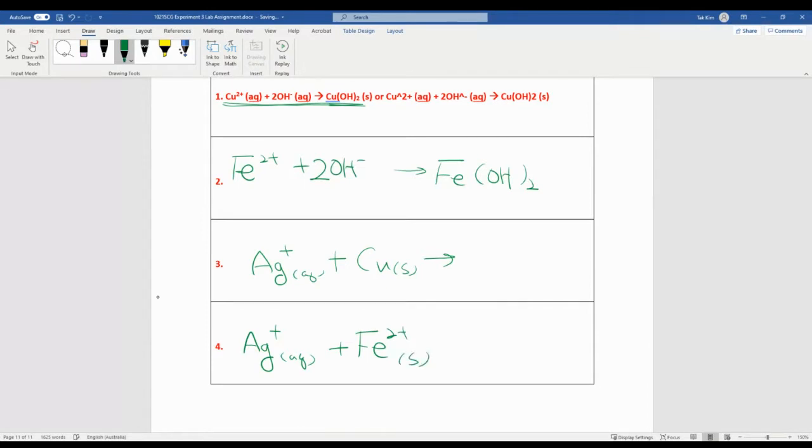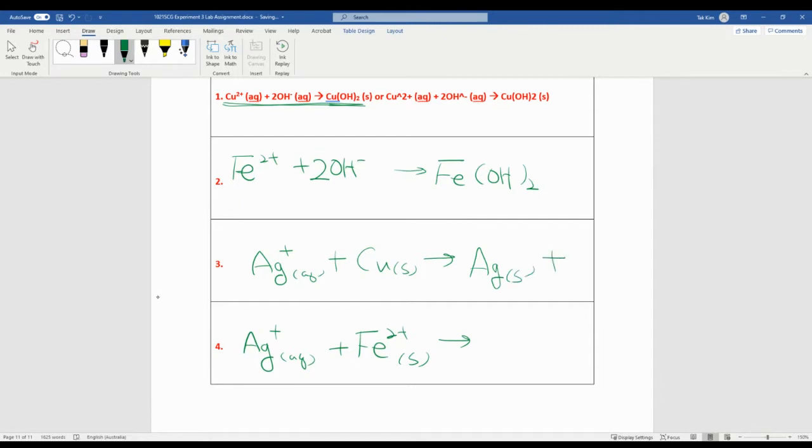So I think we put ferric sulfate. Anyway, since it's a redox equation, one of them should be reduced, the other one should be oxidized. In this case, that one can be reduced, that one can be oxidized, right? So when silver cation is reduced, it will turn into solid silver.